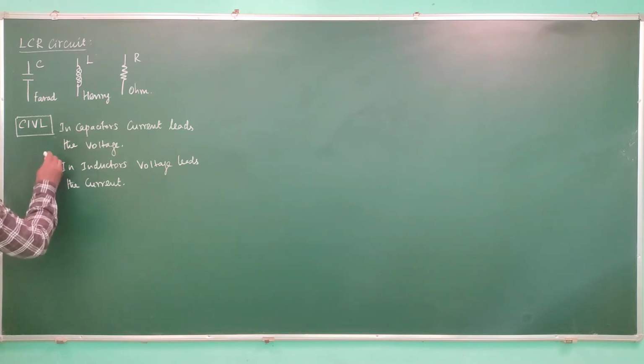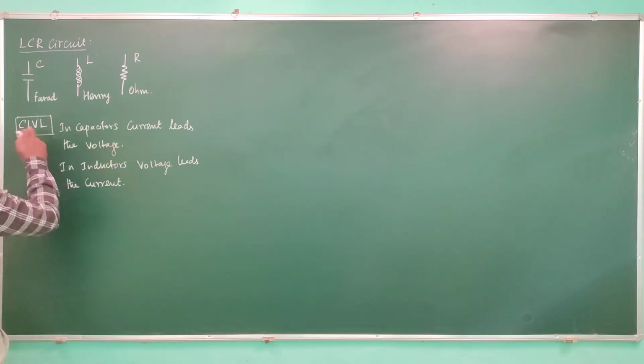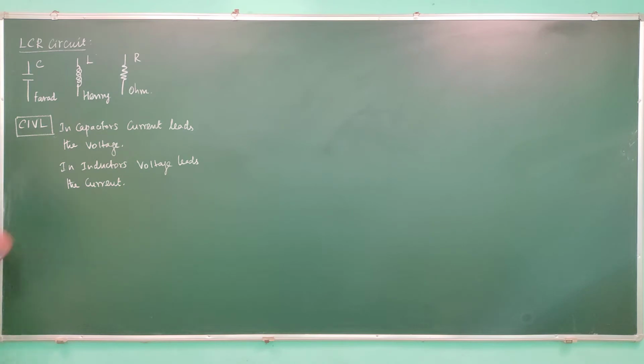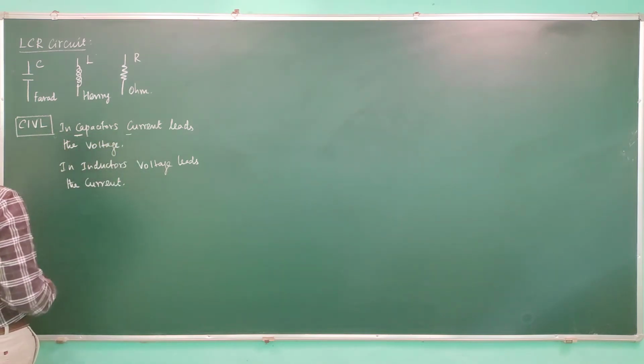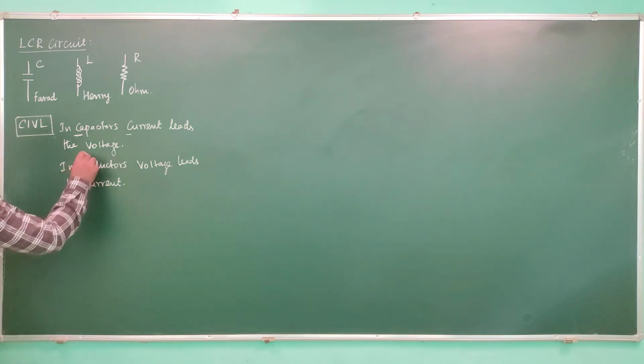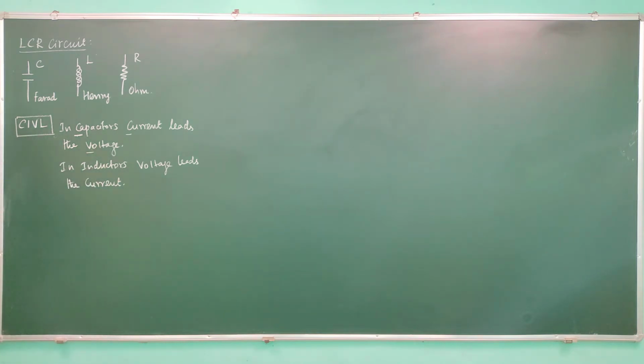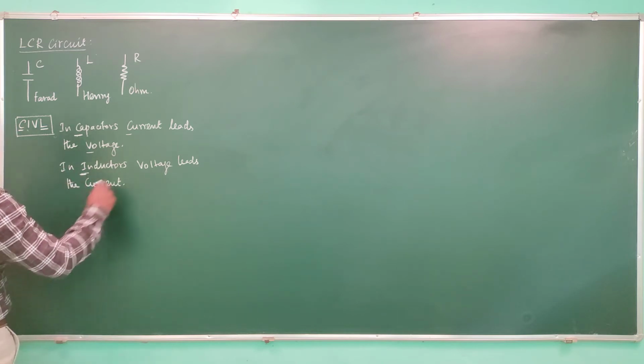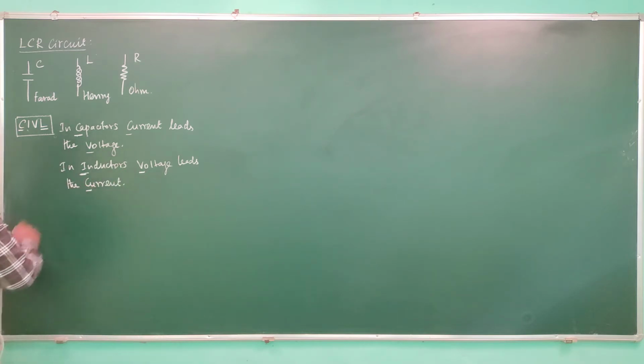What is their relation? How to connect these statements with this word CIVIL? C, current denoted by I, voltage denoted by V. So if you consider capacitors, current denoted by I leads the voltage. Suppose you consider inductor denoted by L, so in inductors voltage leads the current.